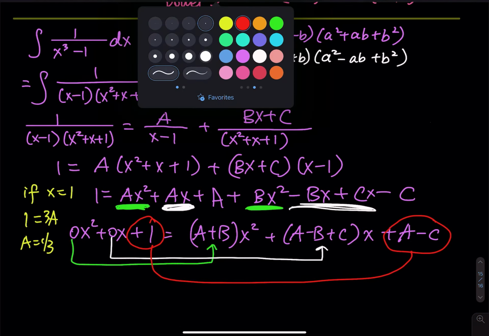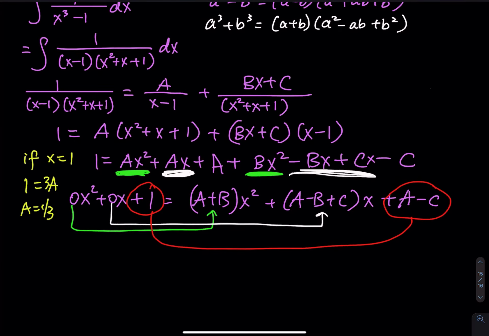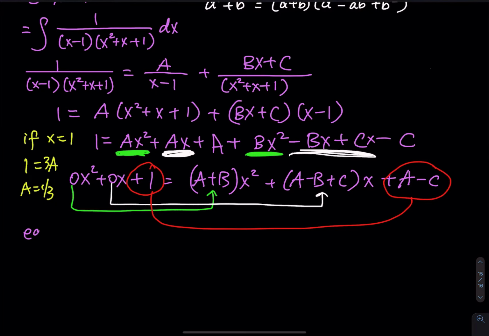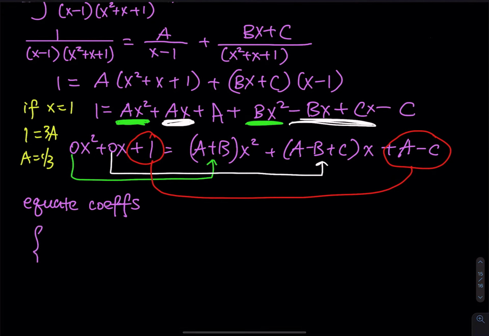Okay, let's do the setup. So this step is called equate the coefficient, right? Equating coefficient. So first, we have a plus b equals 0, a minus b plus c equals 0, and then a minus c is equal to 1.